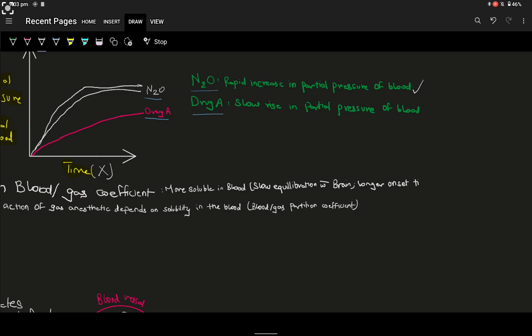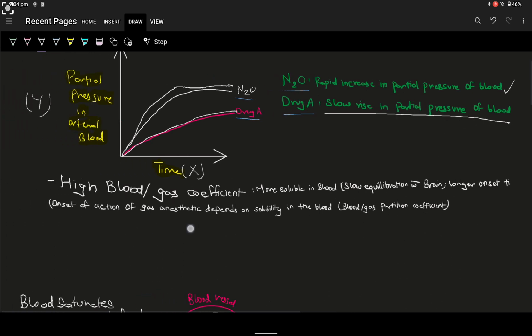Whereas in case of drug A, there is a slow rise in the partial pressure of blood. That is, it is still rising slowly, and it is taking a longer amount of time to be saturated in the blood.